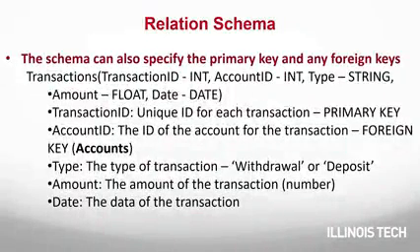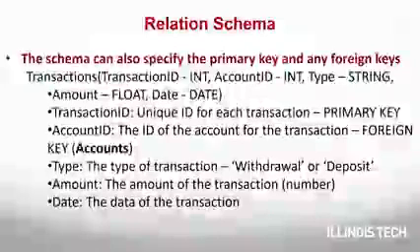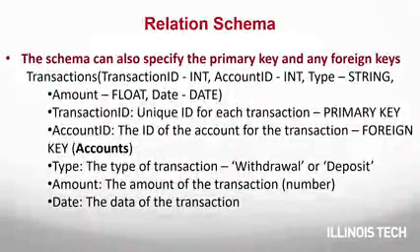So we show that there's a primary key and there's also a foreign key which references a different relation. These are going to become important when we want to query our data and update our data, as we will see. Now that we have our fundamental concepts under our belts, let's dive in and see what kind of operations we can do on these relations to do really interesting things with our data.